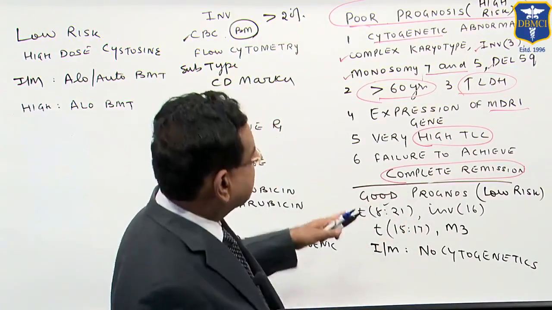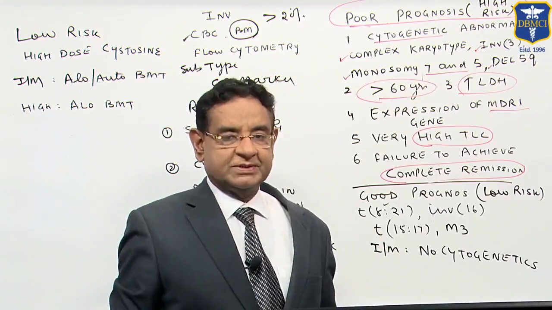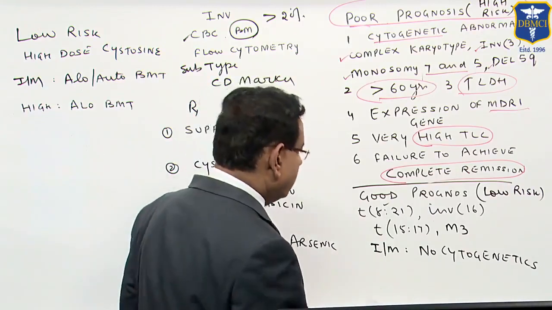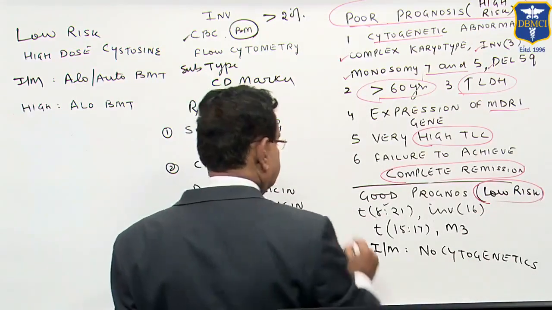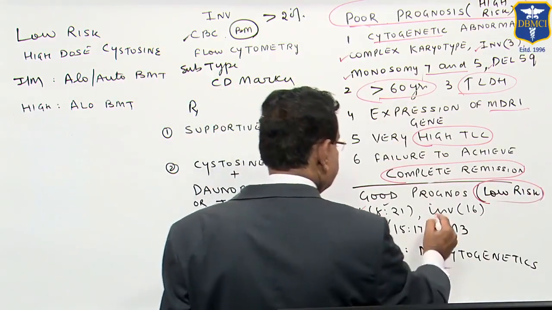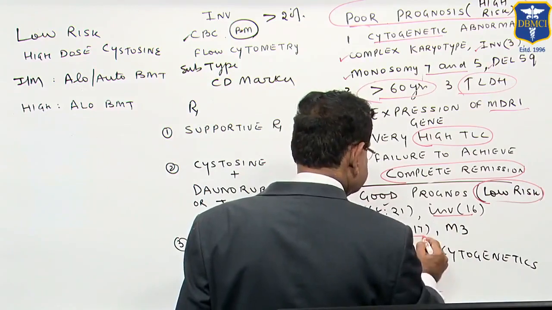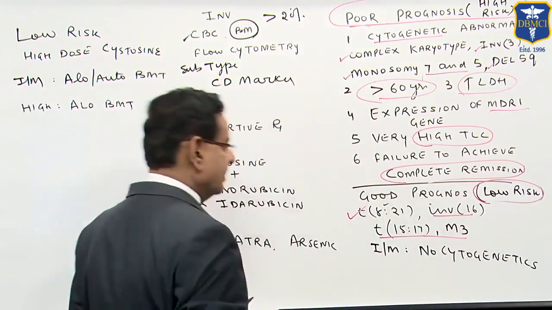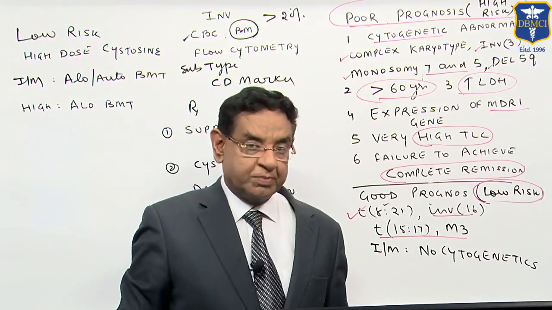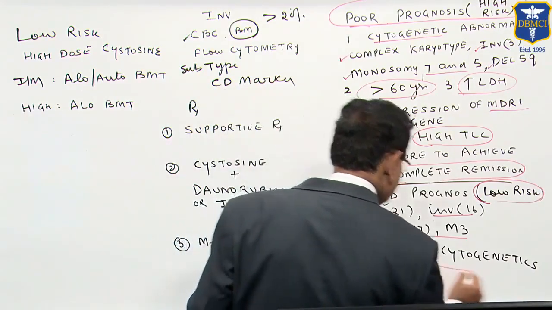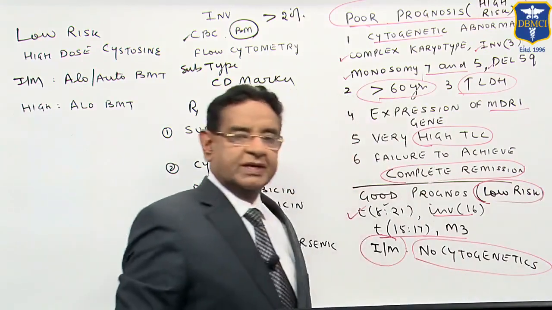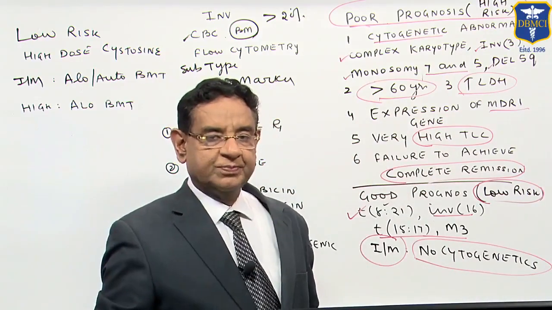High risk means a high chance of relapse. Good prognosis, so-called low risk of relapse: t(8;21), inv(16), t(15;17) and M3 variety. They are the good prognosis. Intermediate prognosis is no cytogenetic abnormalities.